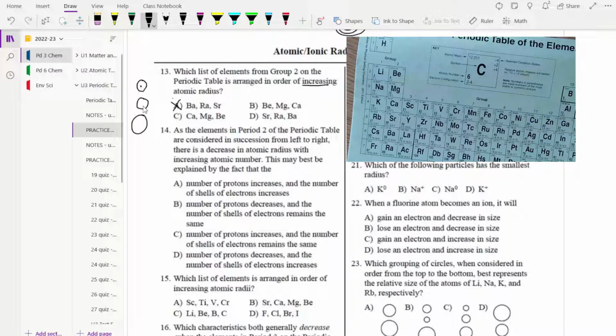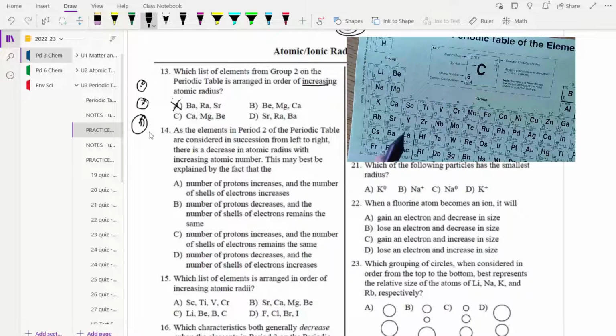The nucleus has less power to pull those outer electrons because there's more and more shielding. So over here, there's maybe no shell, so that proton in the nucleus pulls it in tight. Over here, there's one shell, so it doesn't pull as tight, and it's a little bit larger. And over here, even though the ratio of protons to electrons is the same, the number of orbitals in its way prevents it from pulling in.